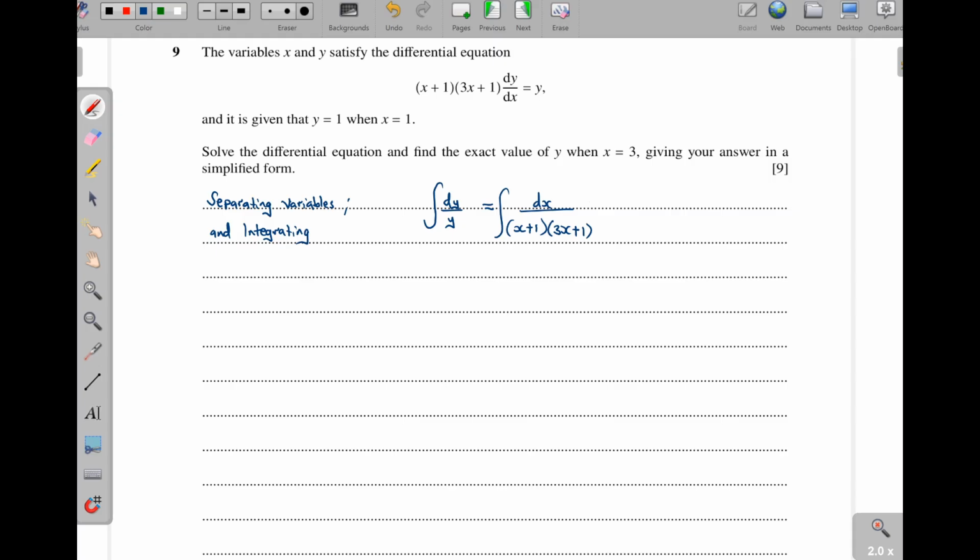Okay, now we shall reduce this one to partial fractions. So expressing, let me write it here, expressing 1 out of the x plus 1 then also 3x plus 1 into partial fractions.